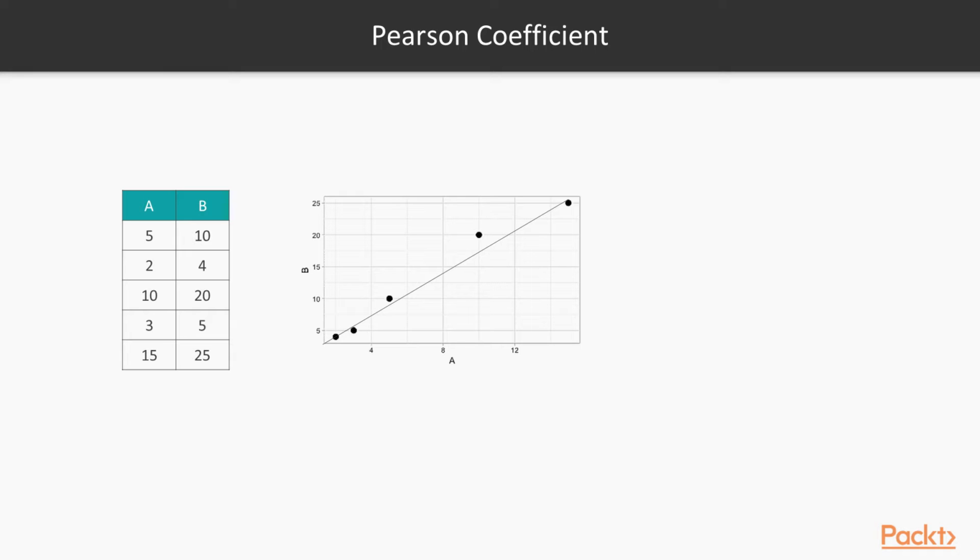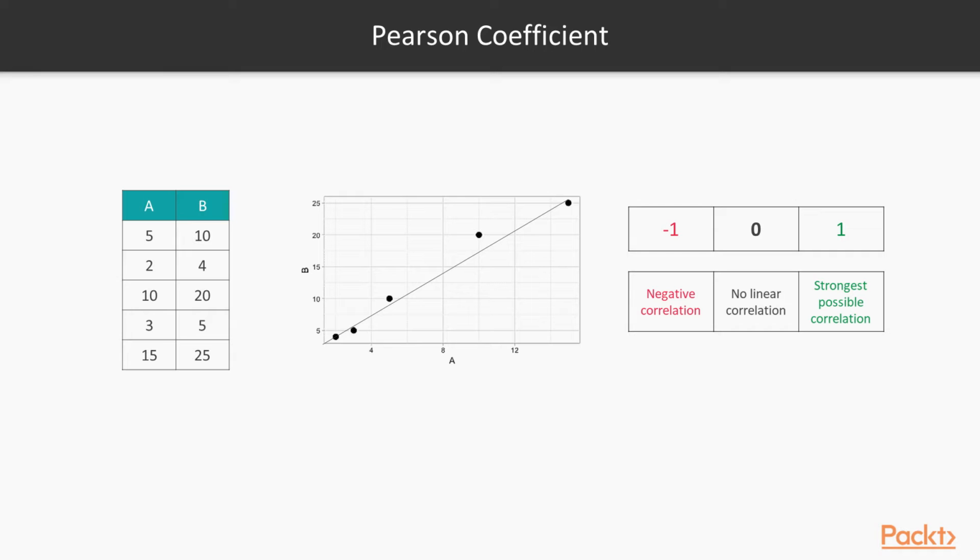Before actually moving to distance correlation, let's focus on the interpretation of this coefficient. Pearson coefficient can vary from -1 to 1, with the following meaning. -1 marks the strongest possible negative correlation. 0 means that no linear correlation was observed among data. 1 means that the strongest possible correlation was observed, meaning that the fitted straight line perfectly describes the observed data.